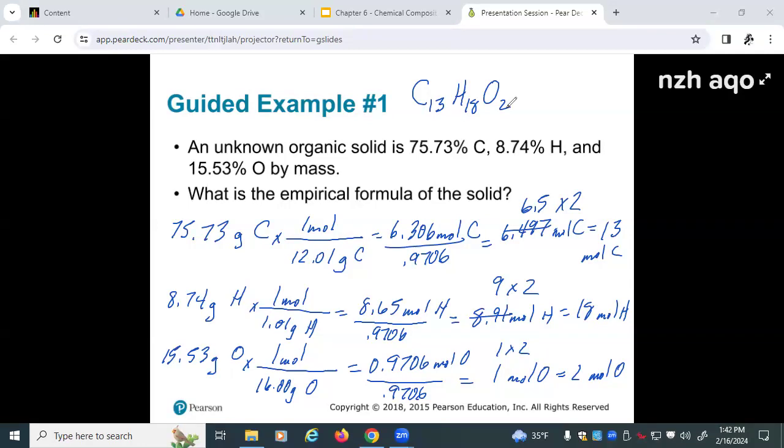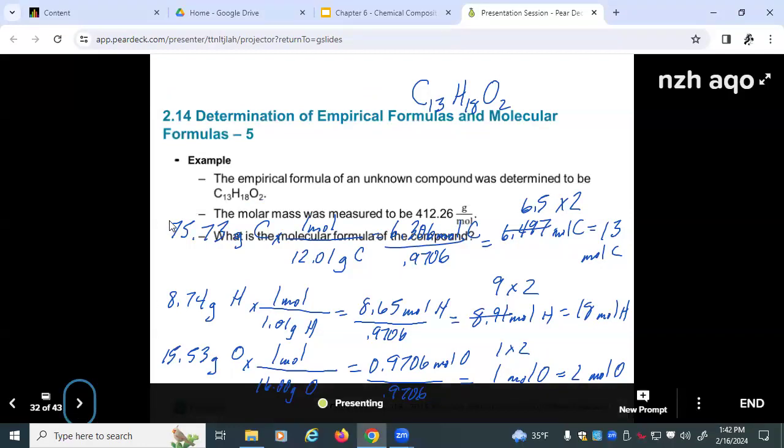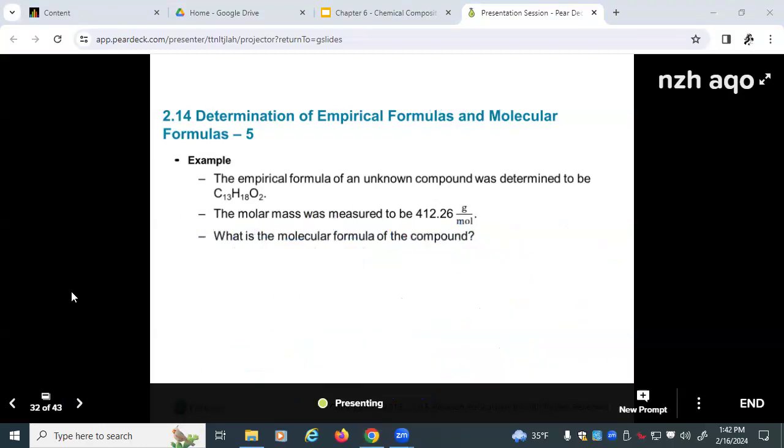Will you have to do all of those in one problem? Hopefully not. Again, this is kind of the most complicated example I could give you to show you all the different things that could happen, but hopefully won't. So that's the empirical formula.